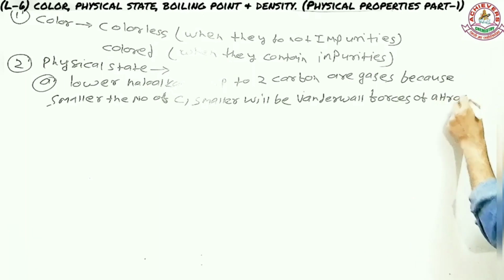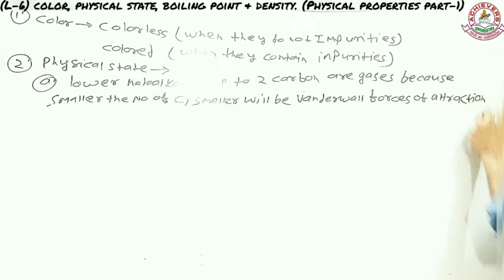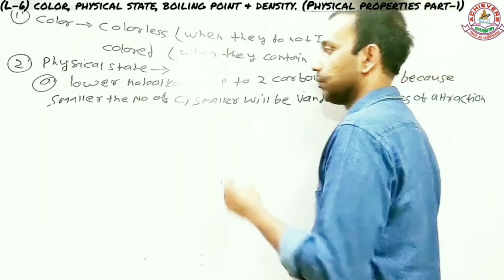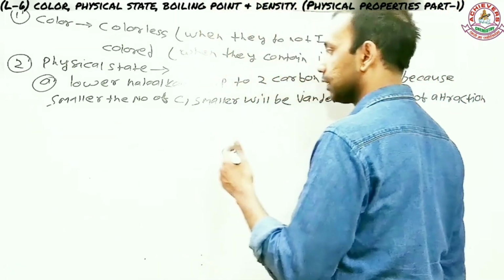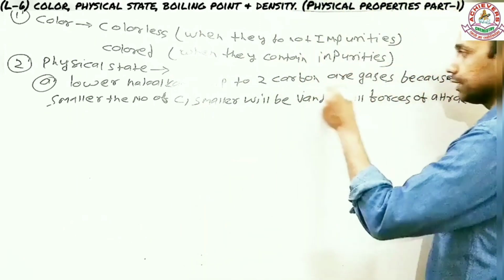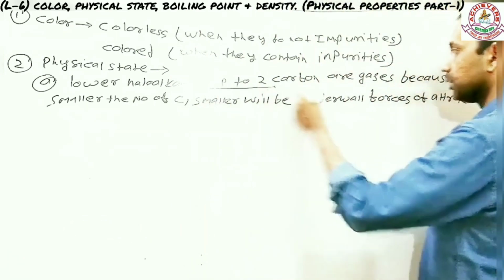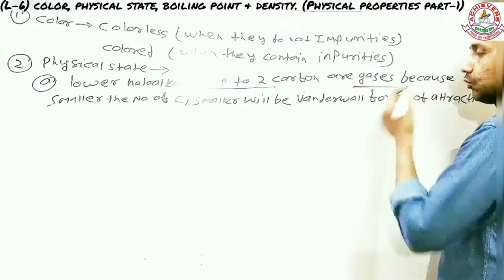Right? So the smaller the molecule, the smaller will be the mass, and the smaller will be the van der Waals force of attraction. So if the van der Waals forces of attraction are small, they are going to be gaseous. So let me underline here so that you understand. Up to 2 carbons, the haloalkanes are in gaseous form.